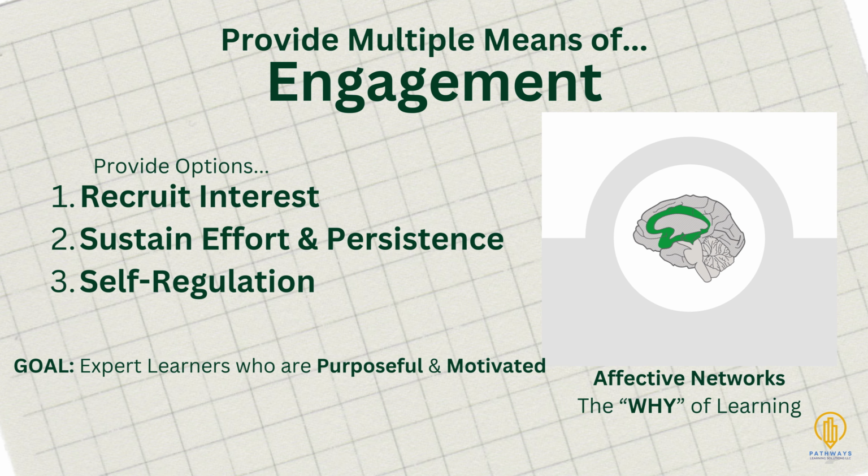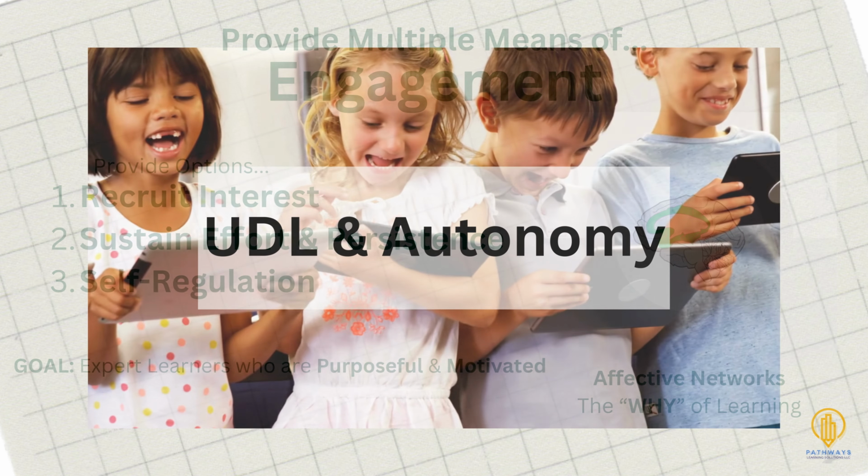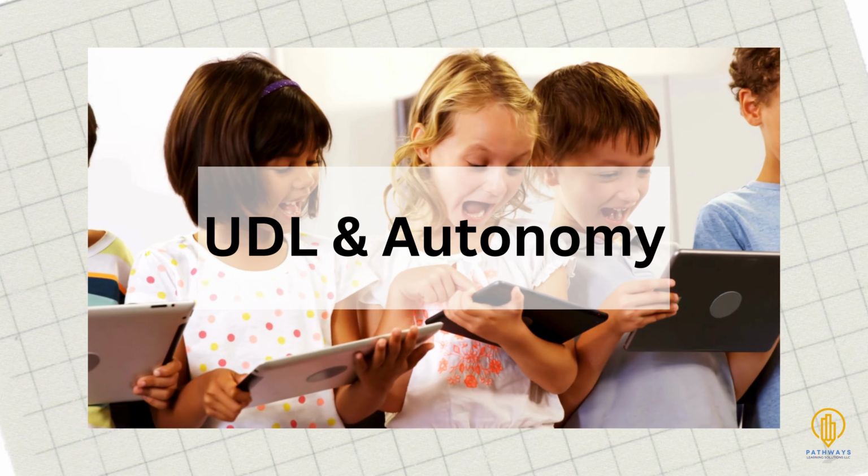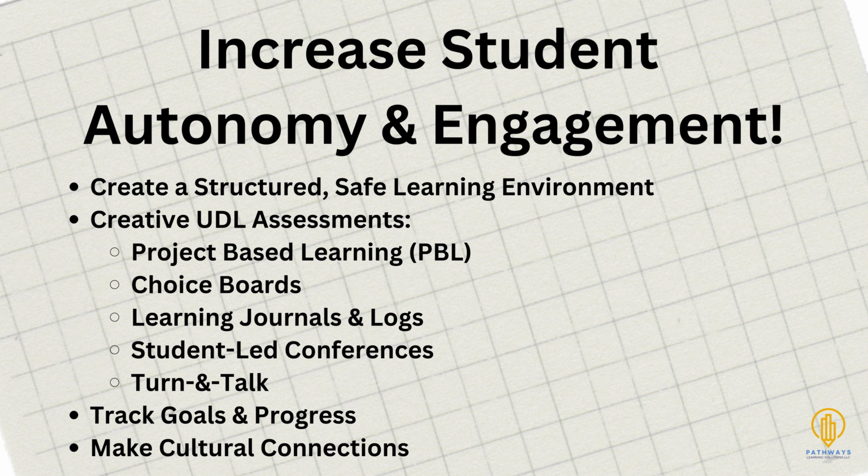By doing so, you will increase autonomy and ownership in your classroom. Some great resources and strategies for the CAST guidelines include creating a structured, safe learning environment, project-based learning, choice boards, learning journals and logs, student-led conferences, turn and talk, tracking goals and progress, and making cultural connections with your students.